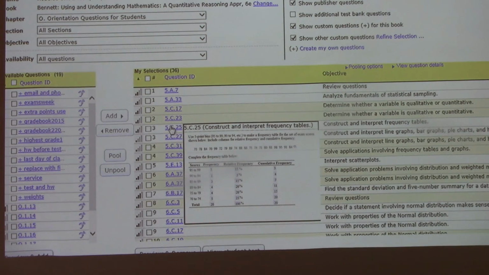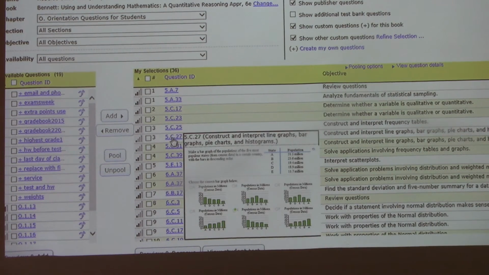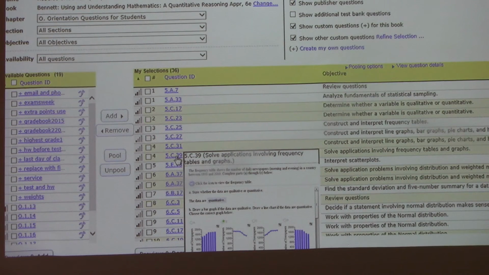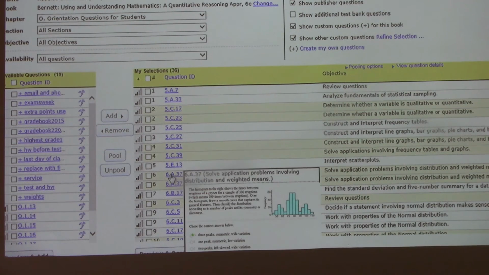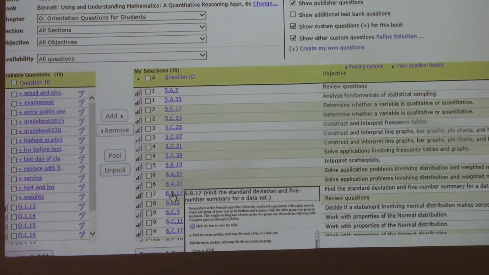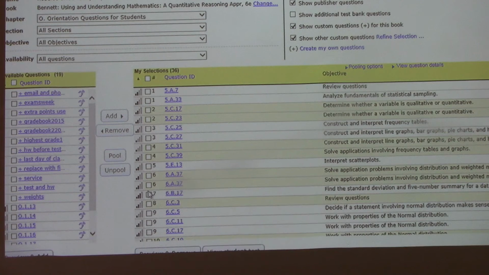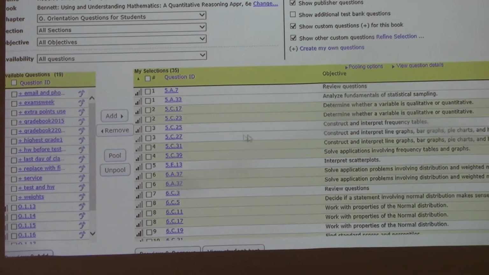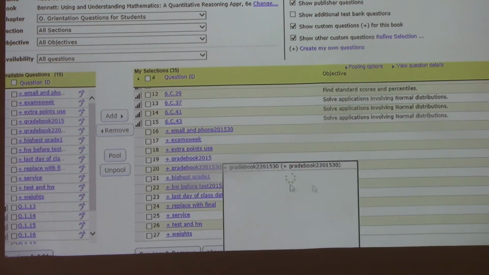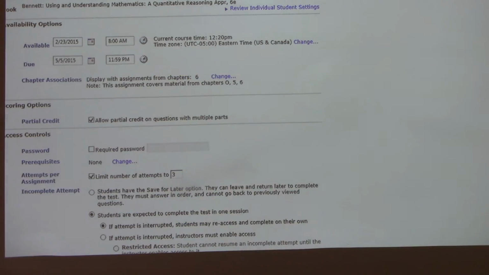Do you remember what the question asked? Mean, median, mode, range. It asks everything. There it is. All right, I'm taking those off. That leaves you with 27 questions.